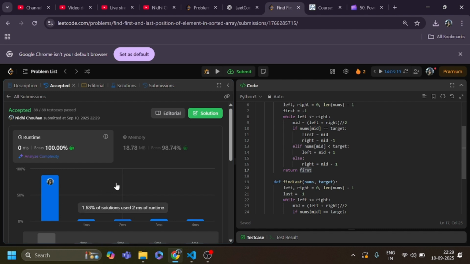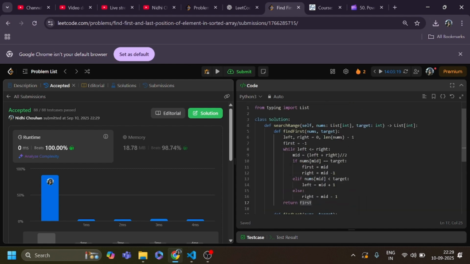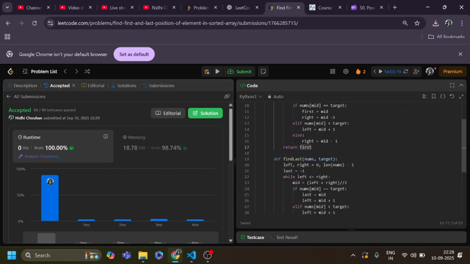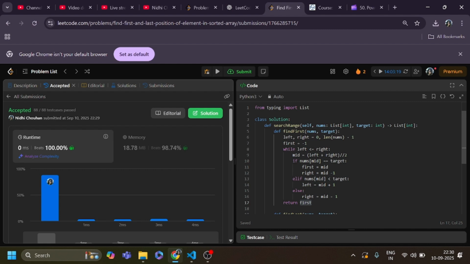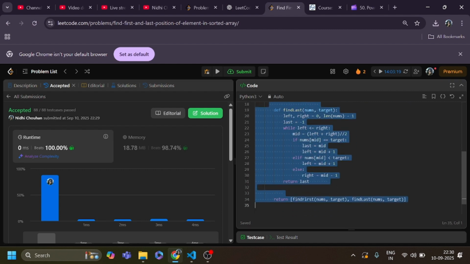All cases are accepted. I got the error because of that mistake. So here you can see this is our find first function and this is our find last, the other function. Here you find the last number.